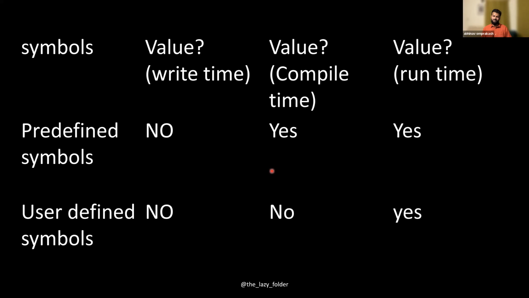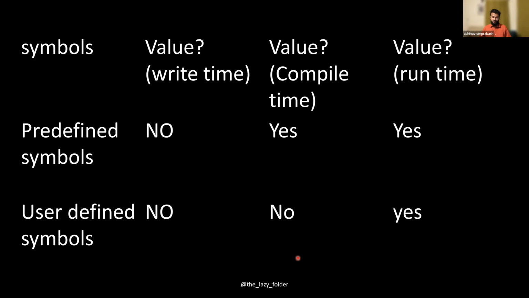What I mean by write time is when we're defining functions, everything is a symbol. There are no values to them. And when we compile them, some of the predefined symbols can be resolved to values, but user-defined symbols can't be. And at runtime, all the symbols are resolved to values.